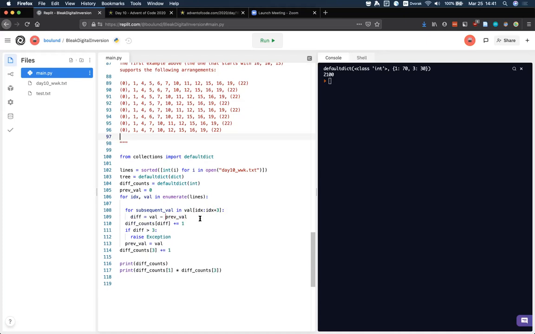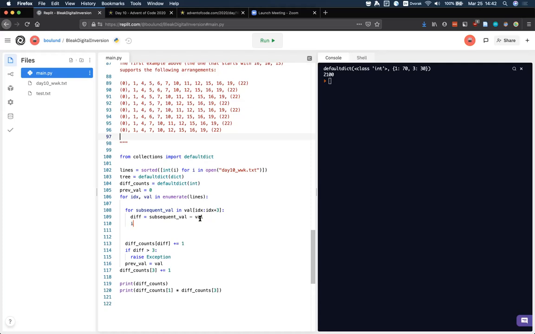So that would give us something like this. We want, instead of val, to use subsequent val. Yes, exactly. And then I think we're subtracting val instead of pre-val. So subsequent val minus val.